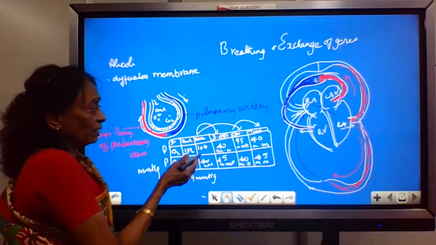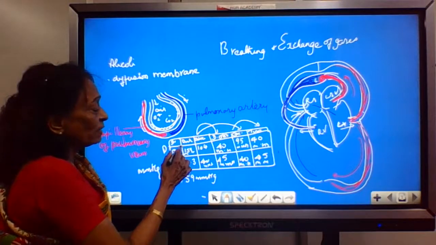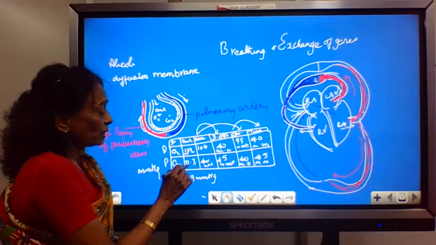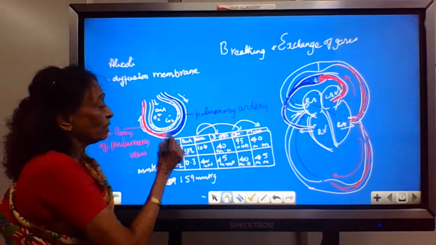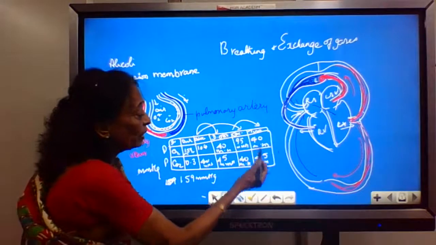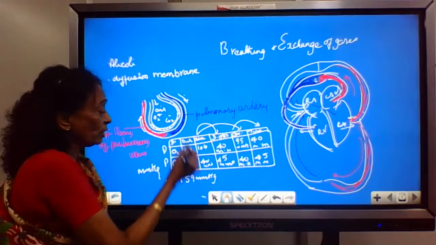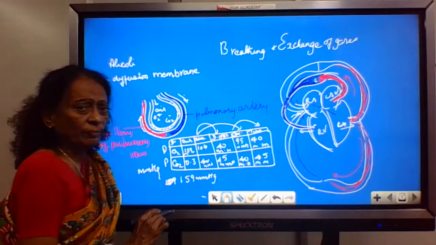When it comes to the lungs, first it fills the alveoli, where the oxygen level decreases to 104. The CO2 level gradually increases because the alveoli already receive CO2 from the tissue, from the venous blood. CO2 gets into it, and it comes up by 0.3 to a maximum of 40.